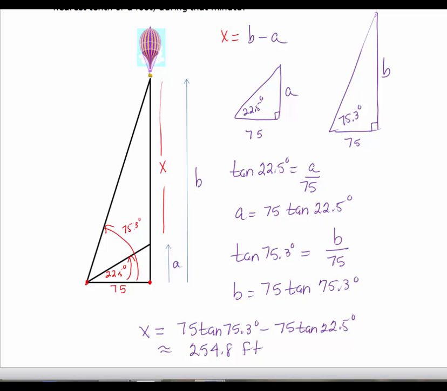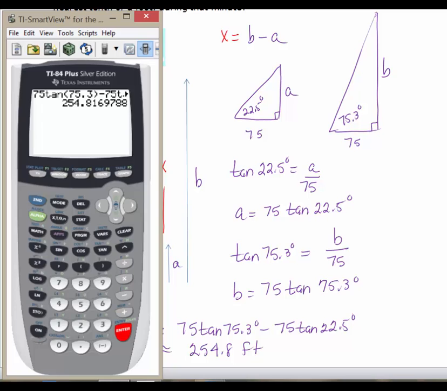Now there is another way of doing this, and I know we've stored values before. I want to refresh your memory how to store values in the calculator. So you can evaluate A and B separately and just store all those extra values in your calculator. So I'll evaluate A, 75 times the tangent of 22.5 degrees, and hit enter.